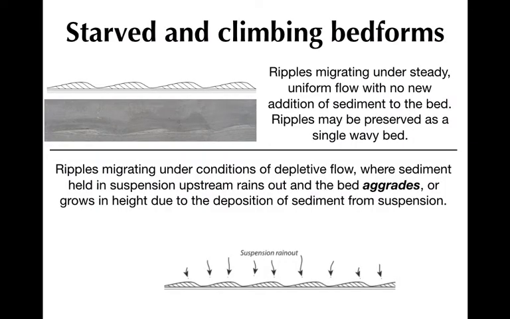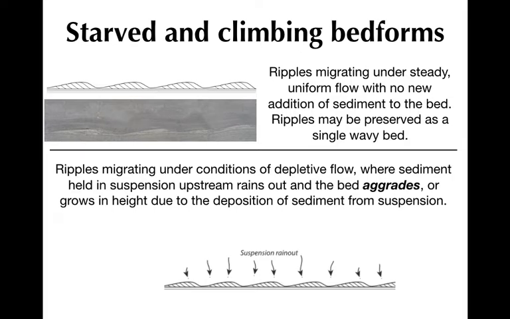In addition to the geometry of foresets, we also need to consider whether the bedforms are migrating under conditions of sediment transport or under conditions of sediment transport and deposition. I'm going to show you two examples of what can happen when ripples migrate downstream.